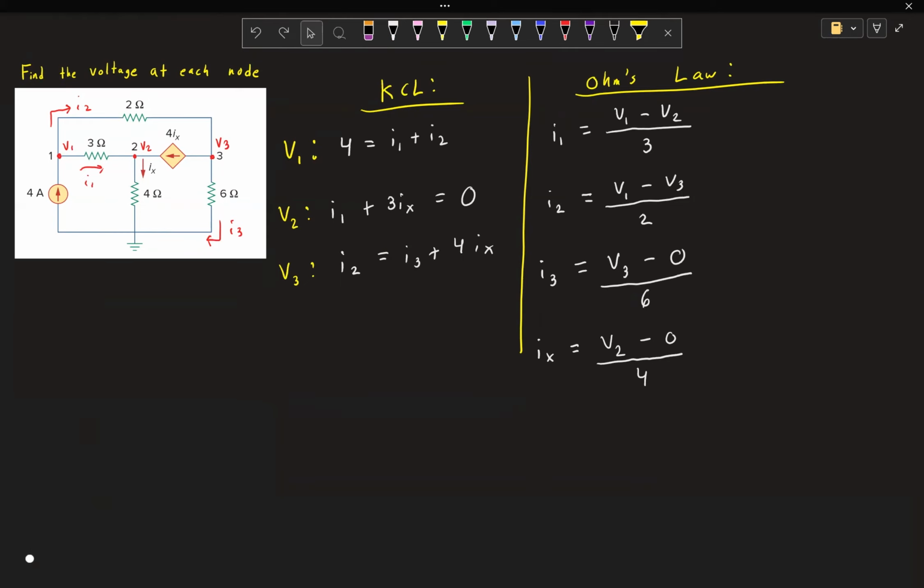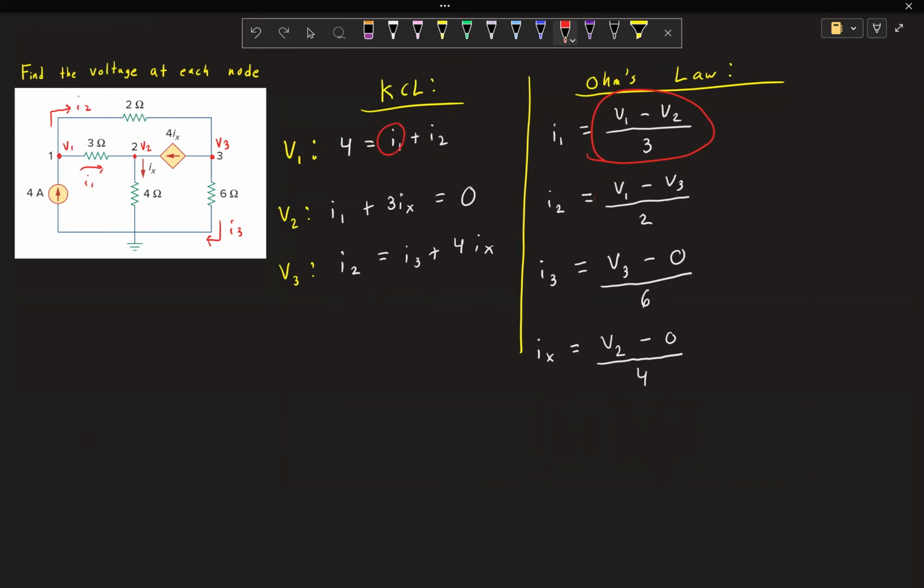So now with these equations, we have all the information we need to solve the problem. The last thing we're going to do is plug in all of these I values into all of the KCL equations. So for I1, every time we see an I1, we're going to plug in V1 minus V2 over 3. Same thing for I2 and I3.